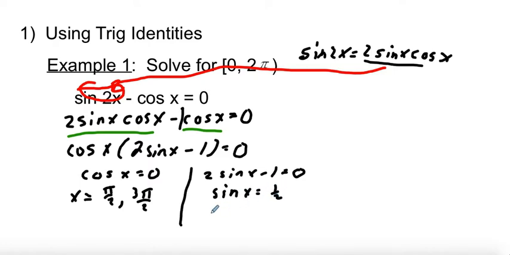And where is the sine of x equal to 1/2 on the unit circle? Two places. You got one in quadrant 1 and you got one in quadrant 2 where sine is positive. And so those two spots are pi over 6 and 5 pi over 6.